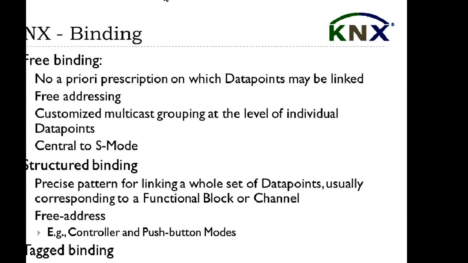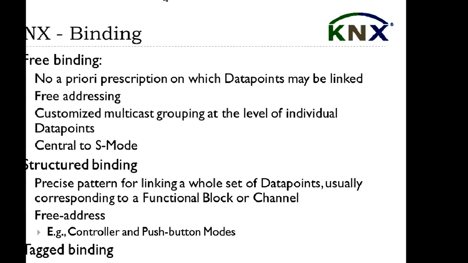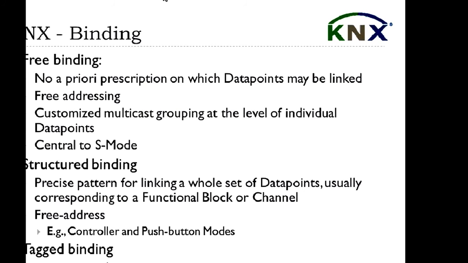In the structured binding, everything works almost like in the free binding, but the difference is that we can only link together specific data points. So I can link a switch data point with the meter data point, for example, because there are patterns defined by the standard that say that the switch data point can only be connected to these other kinds of data points. Okay? And that's the difference between structured and free.